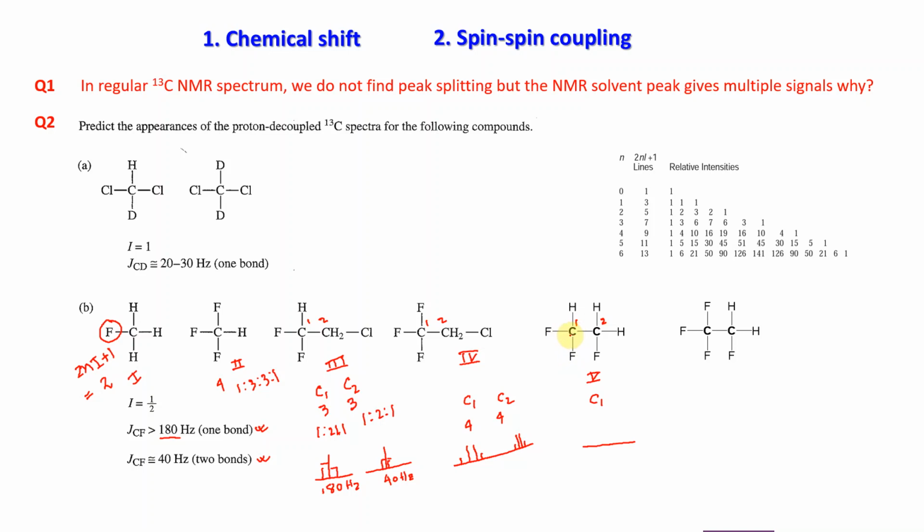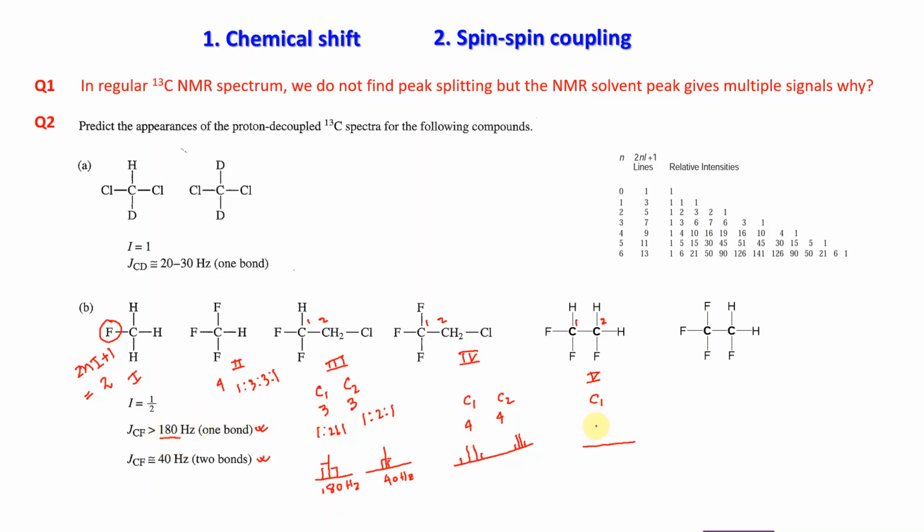Yeah, so what we see here is for C1: C1 is connected directly with 2 fluorines, right? One bond connection, and it is also connected with a 2-bond fluorine. So this is one bond, this is another bond. So 2-bond fluorine connection is there for C1 as well as 1-bond connection. For the 1-bond connection, you have 2 fluorines, and that has the maximum coupling constant value, 180.